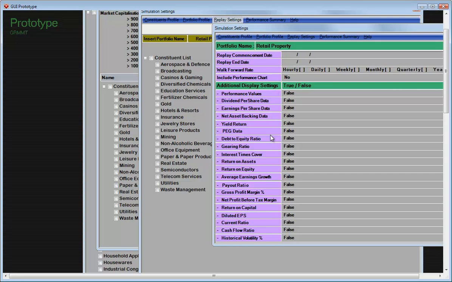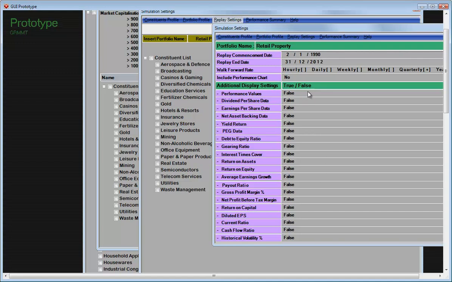Also, we want to be able to display additional information so that once we've actually run the simulation, we can go back in time and see how some of the key performance measures looked at different points, and whether or not measuring those as potential risks assists in understanding the portfolio risk going forward. So next we input information relative to the simulation that we want to run. This one here is going back to 1990. It will run through till the end of December 2002, and it has a walk forward rate based on calendar quarter intervals.